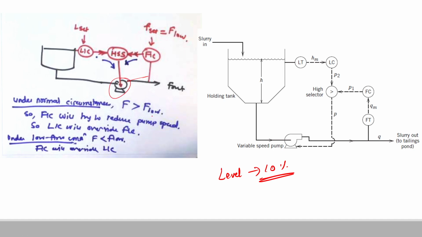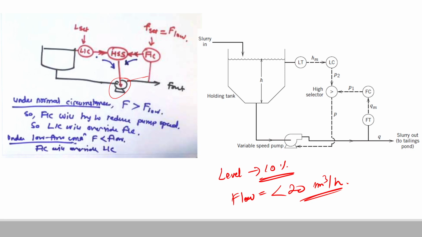Or alternatively, you can just manipulate the flow rate also. So if the flow rate is less than 20 meter cube per hour, then you can again decrease the speed of the pump, so that less amount of water flows through this pump, and basically the level decrease is controlled, and the cavitation doesn't occur.